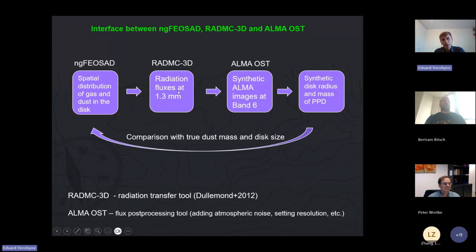We get these radiation fluxes corresponding to our disks, and then import them into the ALMA observation support tool. From there, we get realistic fluxes of our model disk. And then we apply the methods that observers use to estimate disk radii and masses, and compare that with our true disk masses and radii.